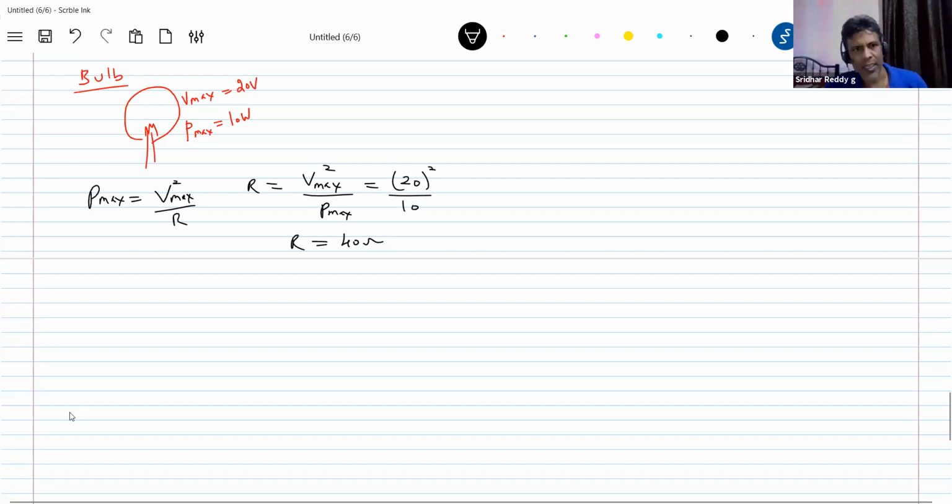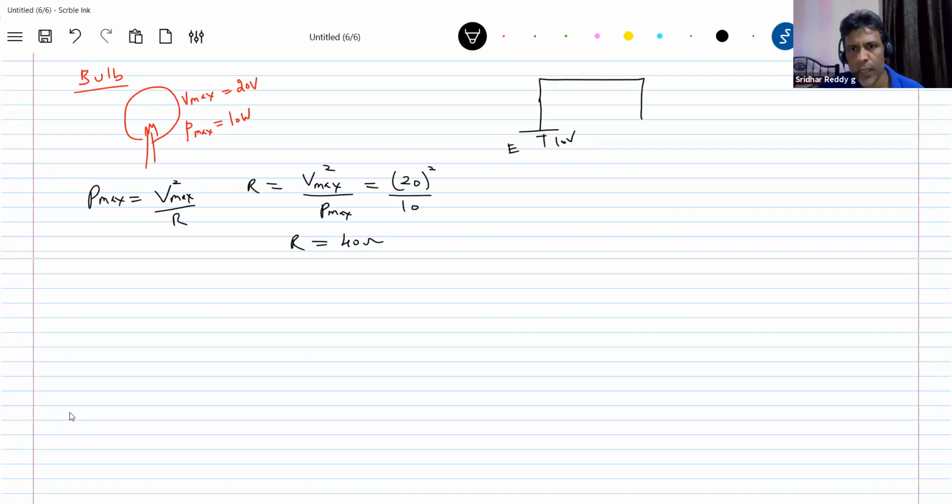Now when I connect this same bulb, with the same power rating, across a cell whose potential difference is 10 volt, what conditions will arise?